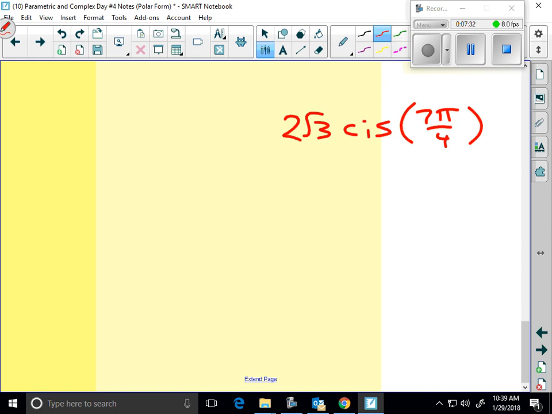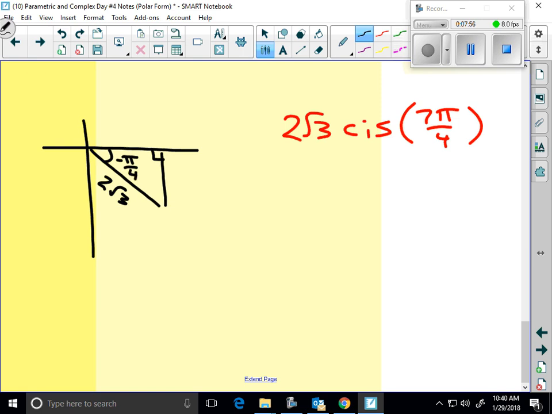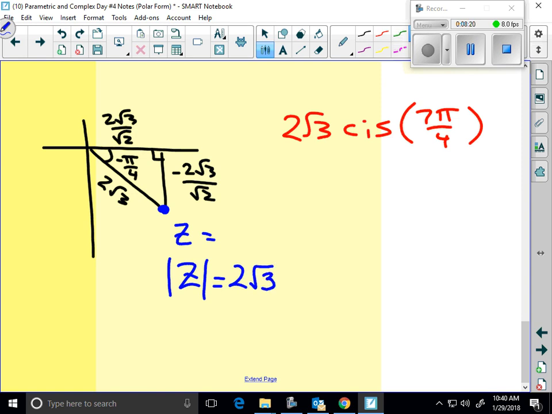Sketch that, write it in rectangular form. 7 pi over 4 is just short of 8 pi over 4, which is 2 pi, right?